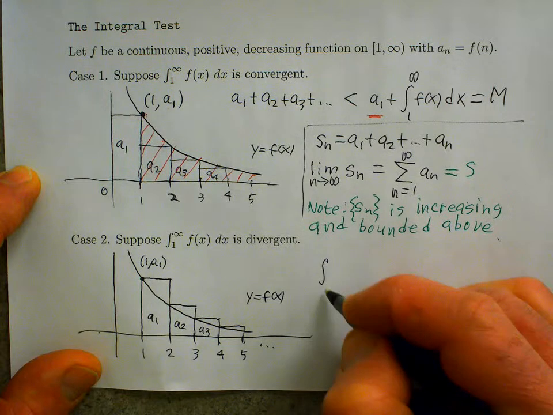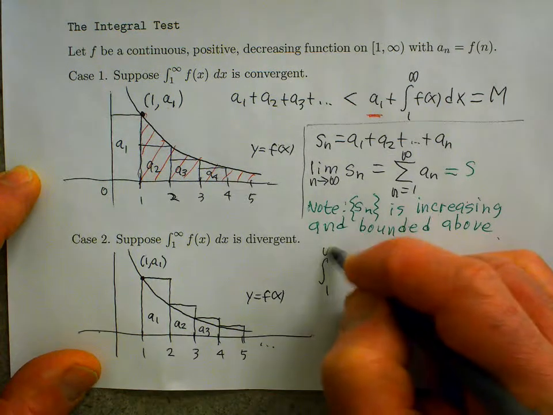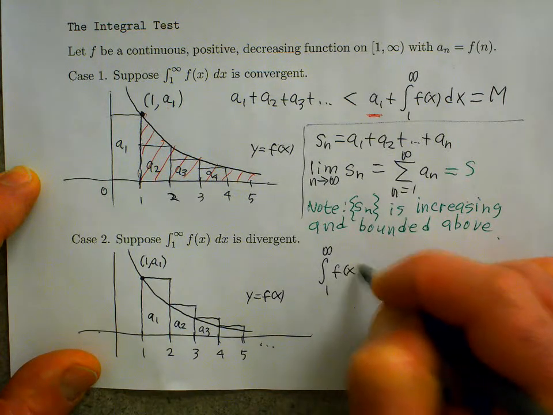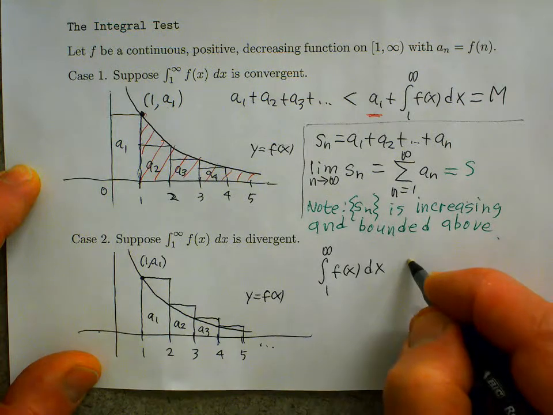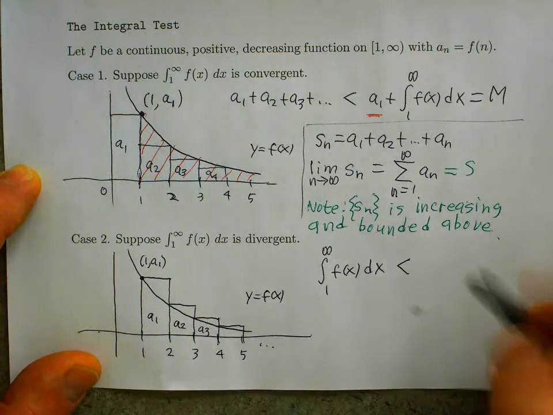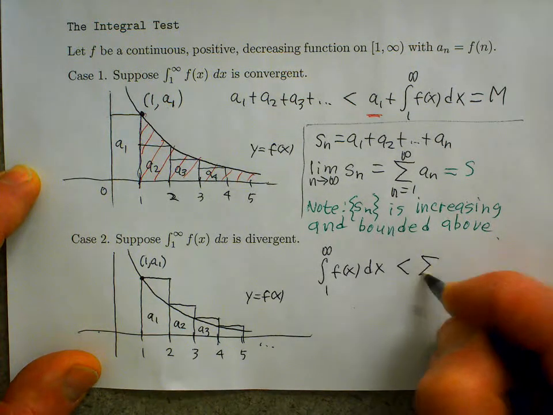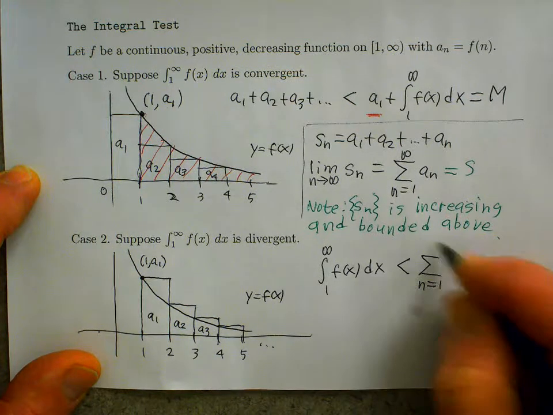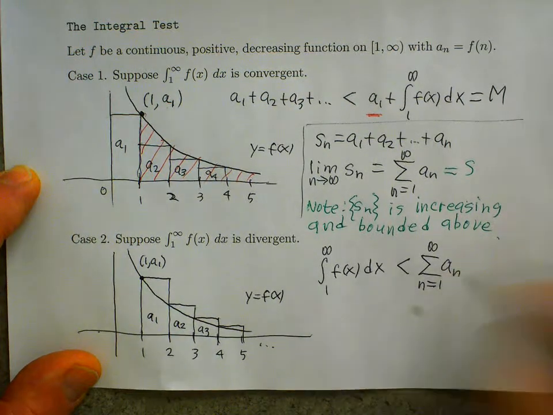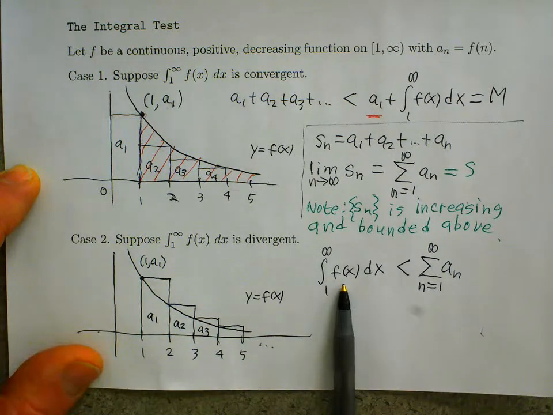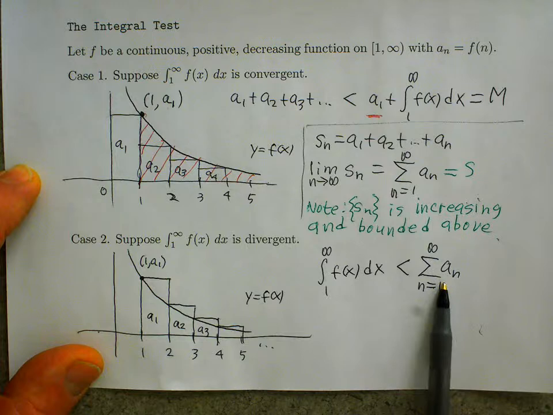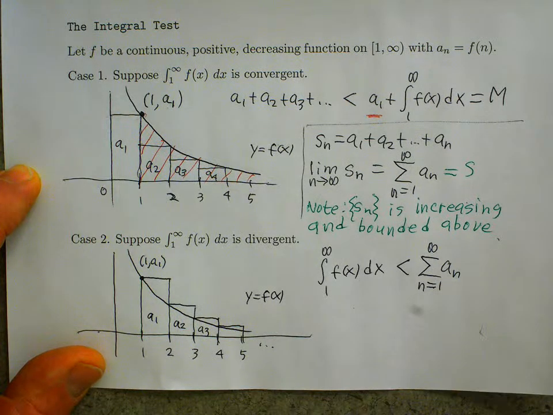But the improper integral is below the rectangles. So the improper integral is less than the infinite series. And the improper integral diverges to infinity, so that must mean that the series also diverges to infinity.